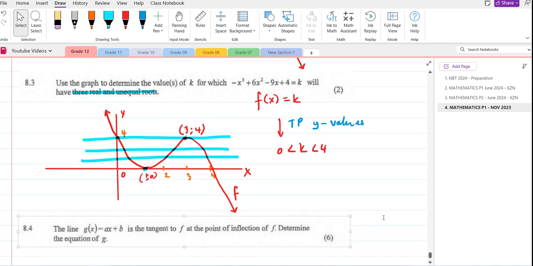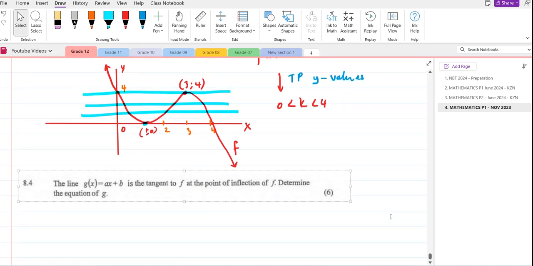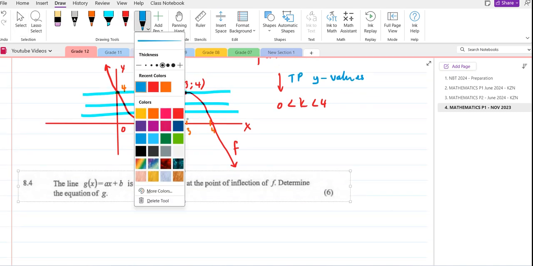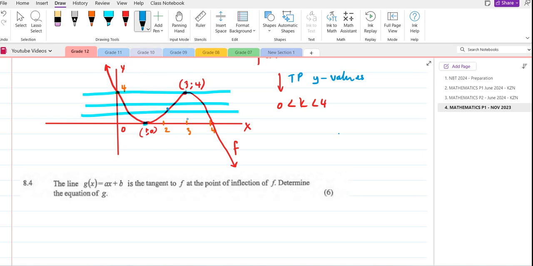The point of inflection is somewhere around here. I think it is 2, because 3 plus 1 divided by 2, so it occurs at 2. Obviously my diagram wasn't drawn to scale.